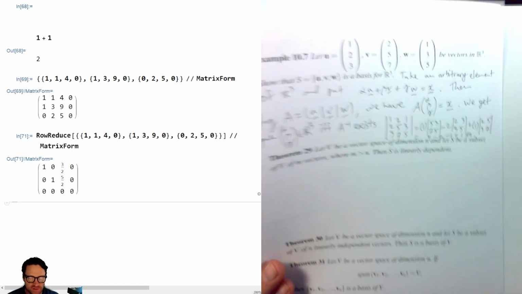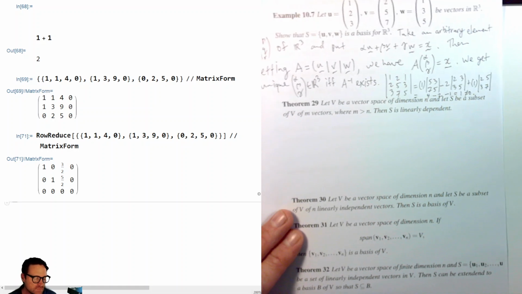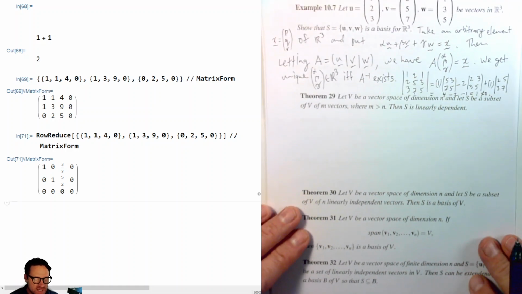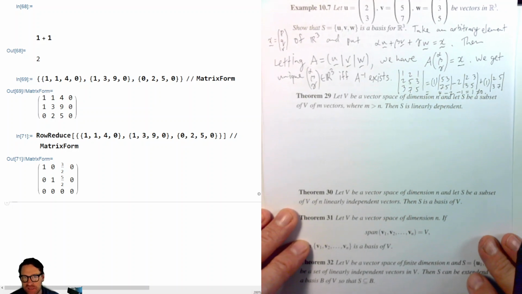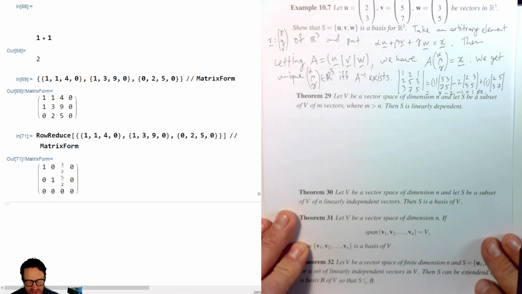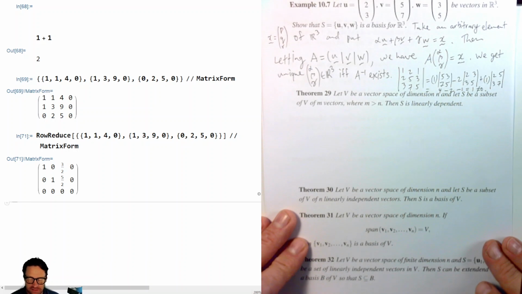All right, let's move on to theorem 29. Let V be a vector space of dimension n, and let S be a subset of V of m vectors where m is strictly greater than n. Then S is linearly dependent.